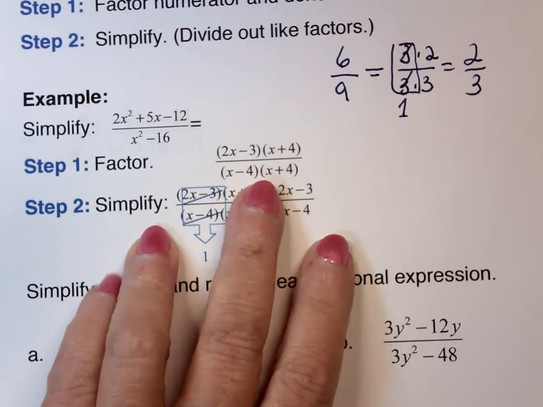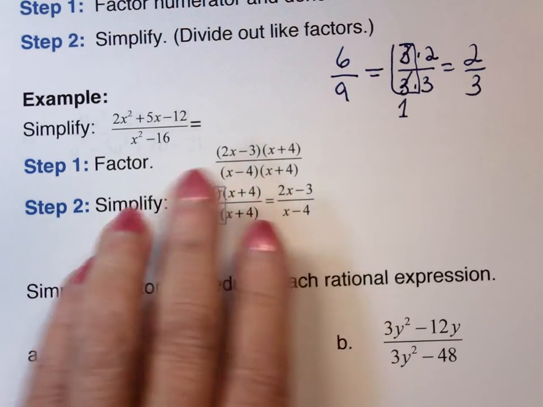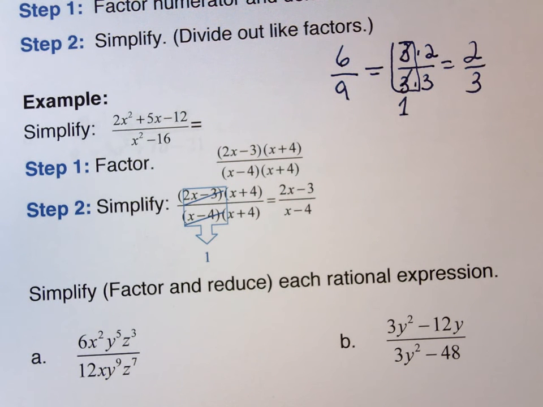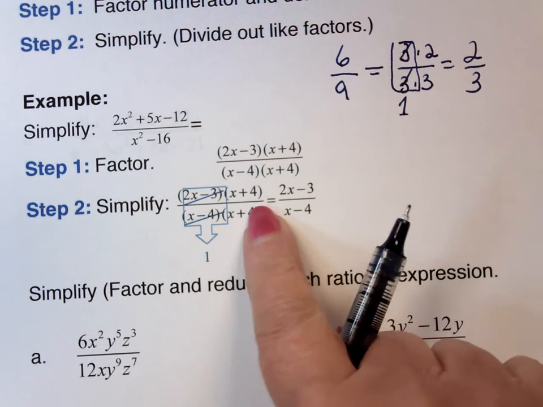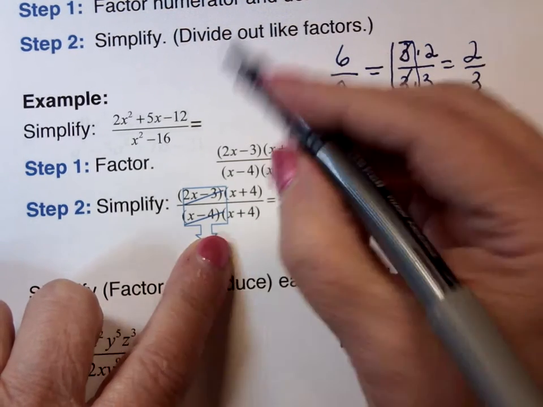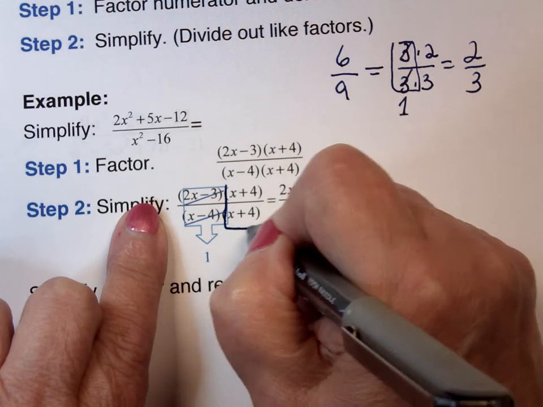So what did they do? They factored the numerator of this problem, factored the denominator. This just shifted. This should be this guy right here.